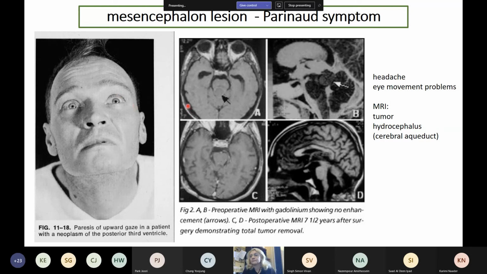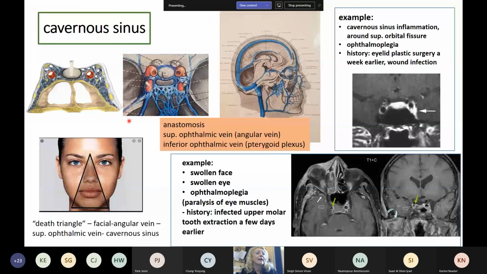And another very important area which you have to know is the cavernous sinus. These we always ask in the exam, cavernous sinus and its anastomosis, its connections. So cavernous sinus, it can be asked in these pictures as well. And we know that it has anastomosis with the superior ophthalmic vein and through the superior ophthalmic vein with the angular vein.